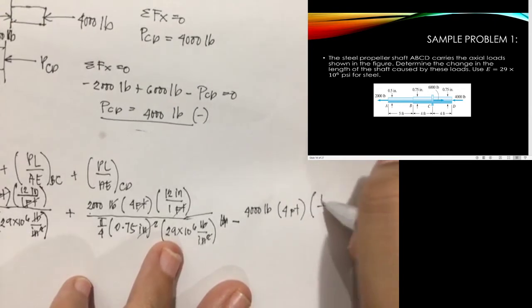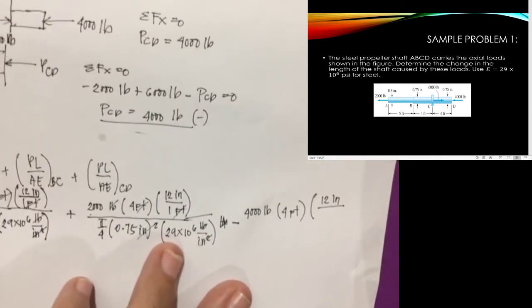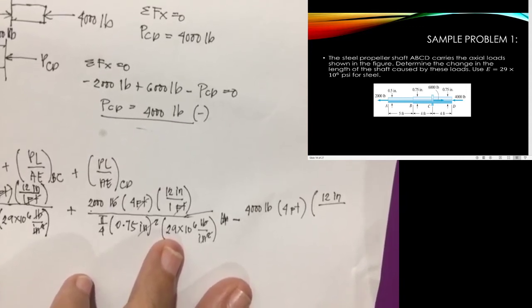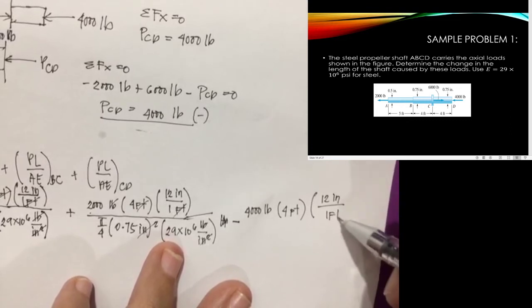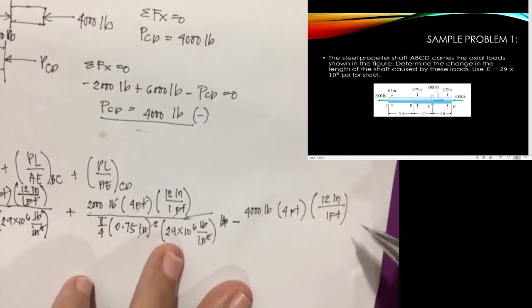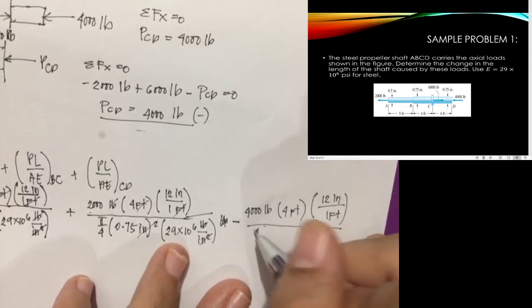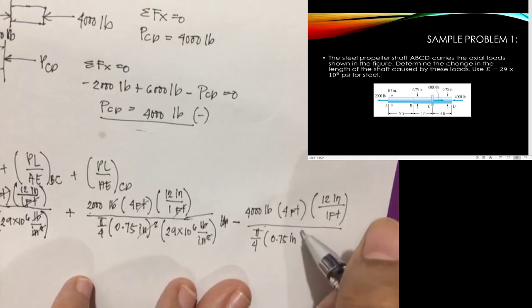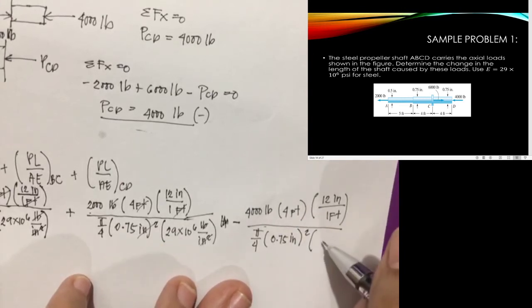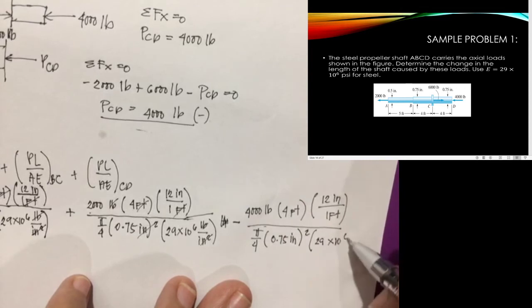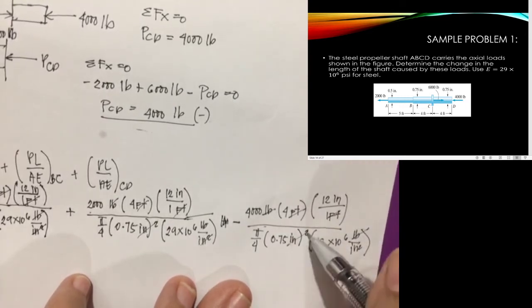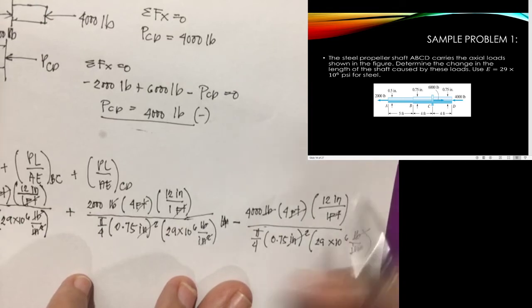We convert it again, 12 inches per 1 foot, over pi over 4 times 0.75 inches squared multiplied by 29 times 10 raised to 6 pounds per square inch. So, feet, pounds, and inches cancel out, and what remains is inches.